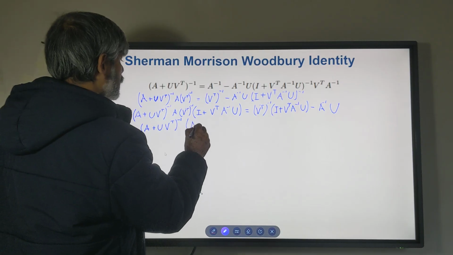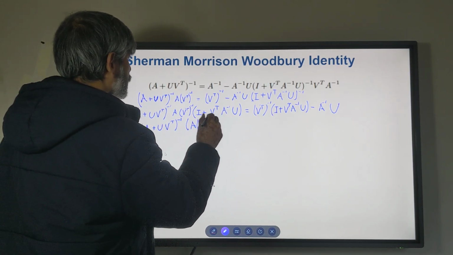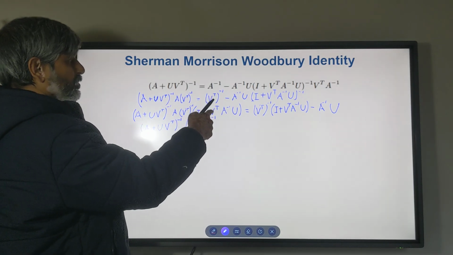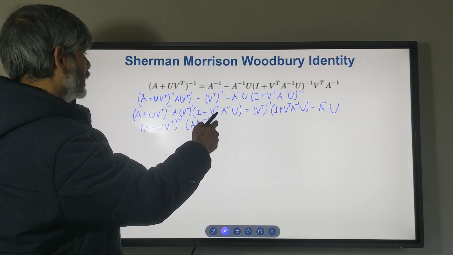This is A V transpose inverse, and then V transpose inverse multiplied by V transpose is identity, and A multiplied by A inverse is again identity.